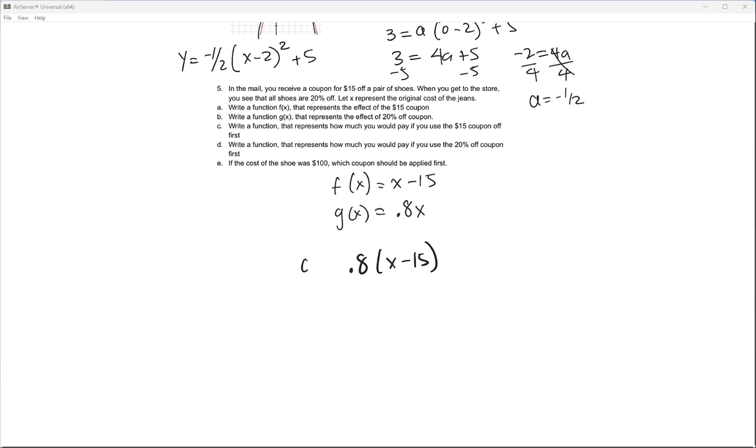This is letter C. And then letter D would be y is equal to 0.8x minus 15. So this is the $15 off first. This is the 20% off coupon first.